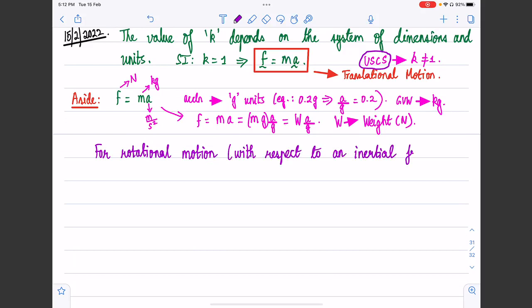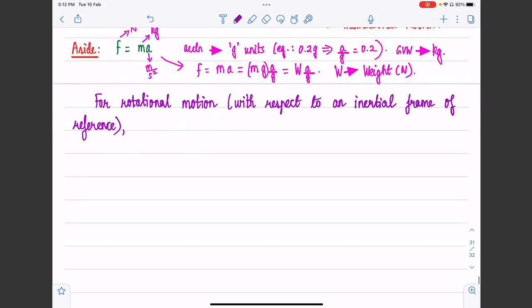Suppose we want to study the pitch motion or the roll motion or the yaw motion of a vehicle. Then these governing equations become very important. When we have rotational motion and we write down the equations with respect to an inertial frame of reference, the time rate of change of angular momentum, which is now I naught times omega naught.